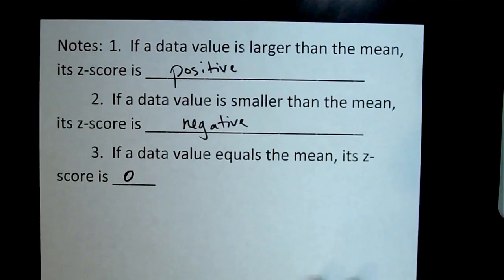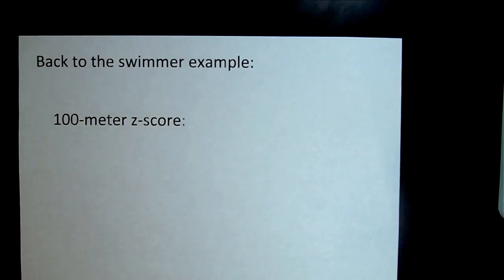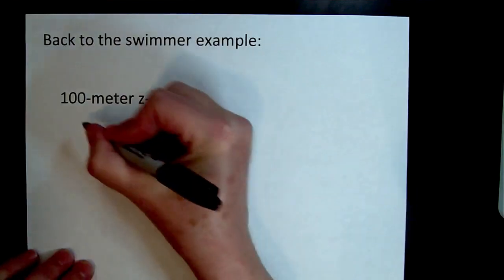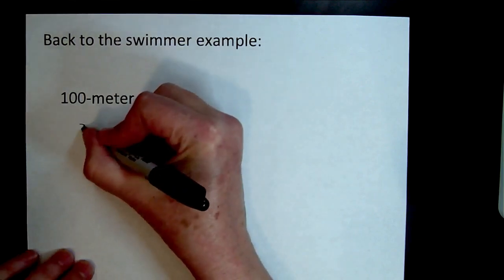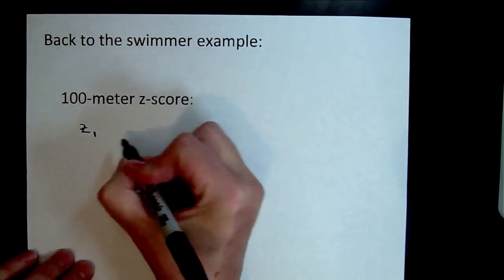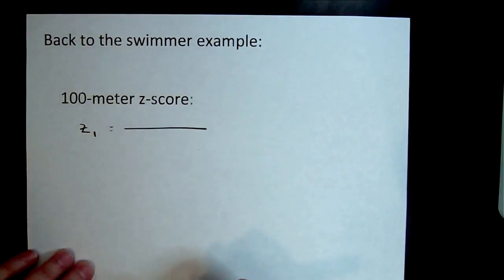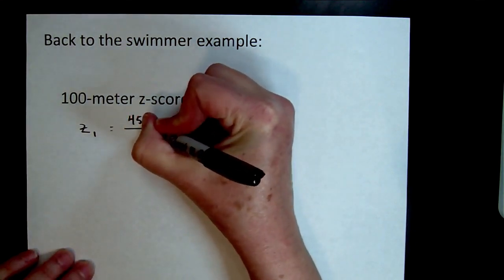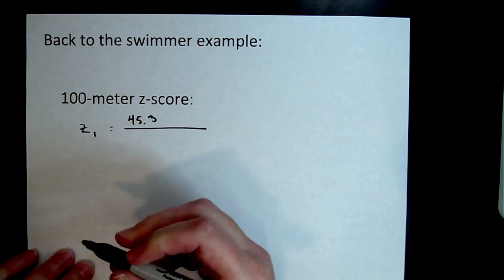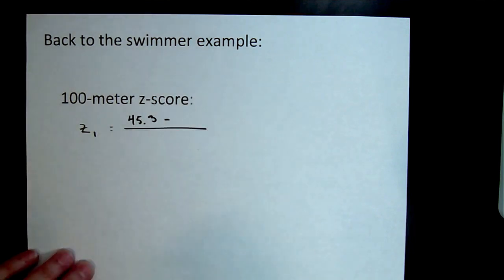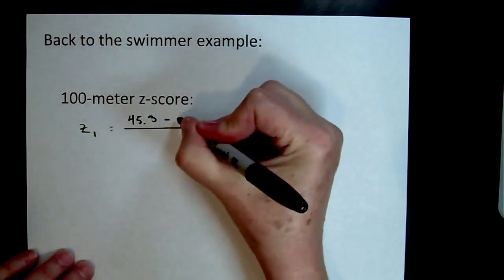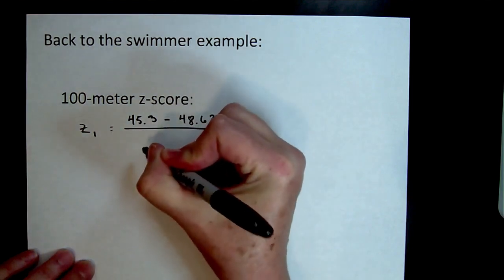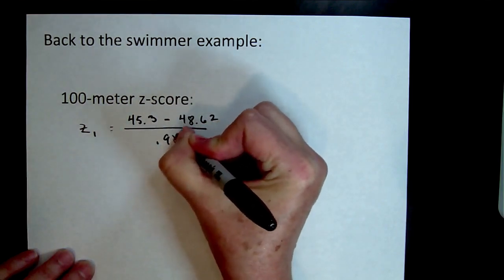Okay, so back to the swimmer example. For the 100-meter z-score, call that z1, 1 for 100 meter, his data value, his best time, let's assume he's going to do his best time, is 45.3 minus, we're told that the mean for the population of all college swimmers is 48.62, and the standard deviation is 0.98.